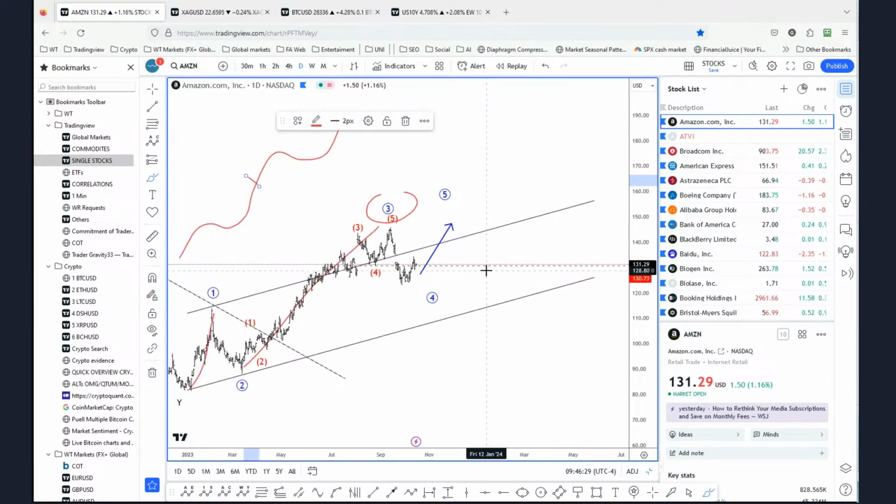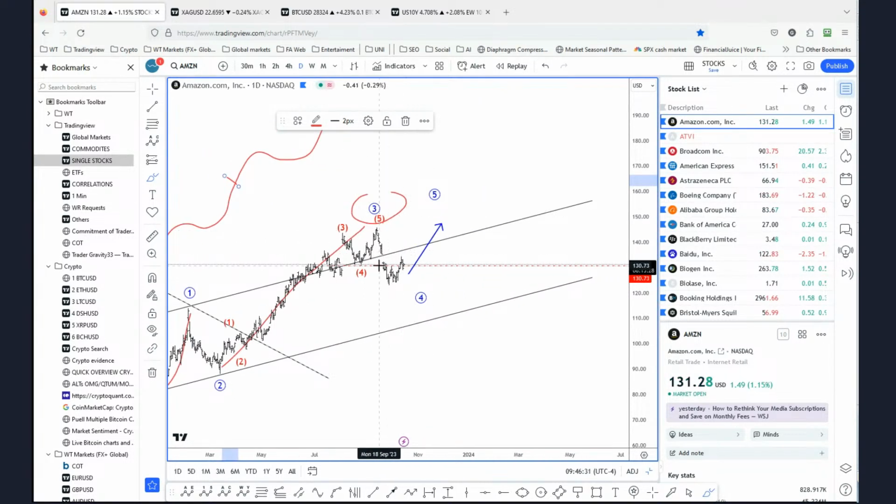But notice that what recently happened is that the market filled this gap here. Okay, so that's very important. Normally, if prices gap to the downside, what will tend to happen is that this gap will be filled, and whenever this happens, the market can resume back to the downside. So I'm afraid that maybe wave 4 could be a little bit more complex, but it would be a different story if at some point we can see a weekly close price above that gap.